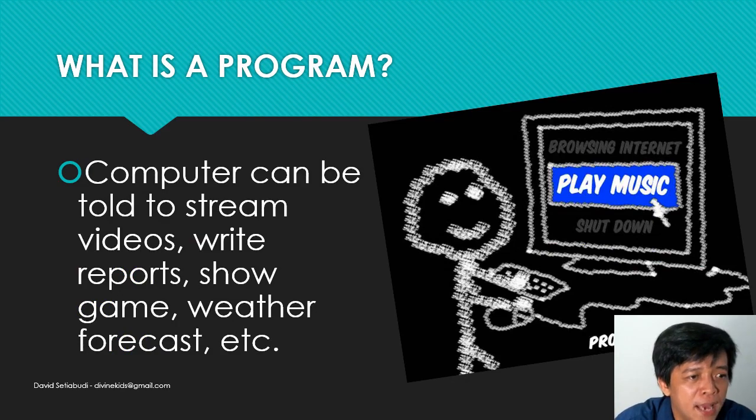So, again, what is a program? A computer can be told to stream videos, write a report, show a game, weather forecast, or anything you want. Of course, playing music.